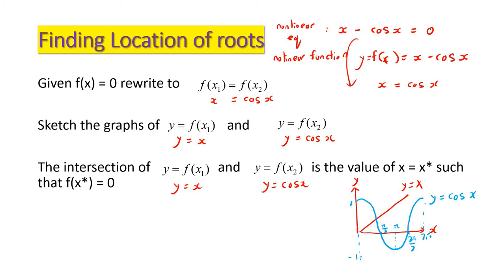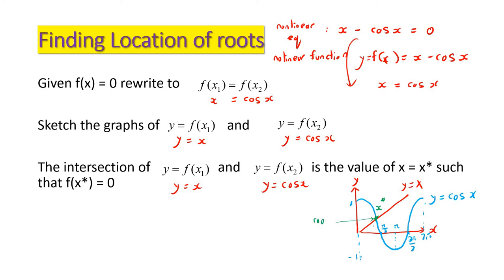So now, from the graph of y equal to x, in red color, and y equal to cos x, which represent the nonlinear equation x minus cos x equal to 0, the intersection, which is here, is the x star. So the root is here.